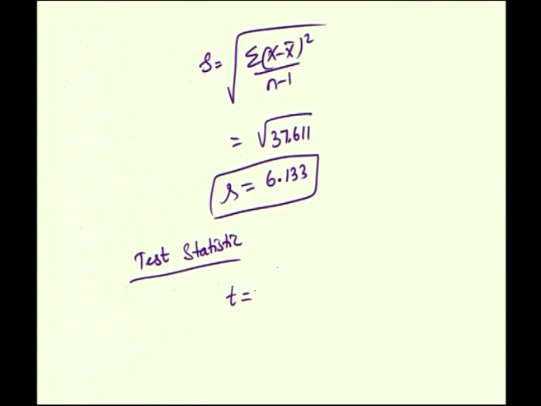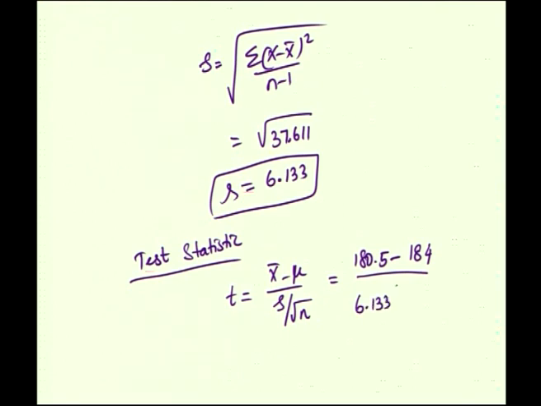So, we use the t formula, t is equal to x bar minus mu divided by s by root of n. X bar is 180.5 and mu given in the question is 184, divided by s you have just calculated, 6.133, divided by root of 10, which is approximately minus 1.80. This is your t value.